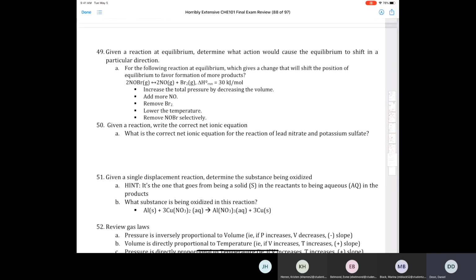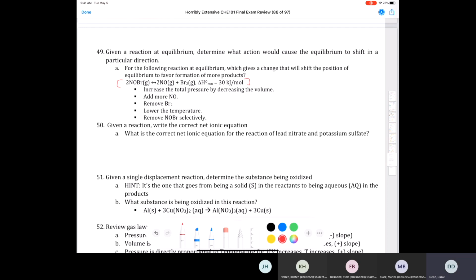Number 49: given a reaction at equilibrium, determine what action would cause the equilibrium to shift in a particular direction. So the reaction that we're looking at is this one right here. It says, for the following reaction at equilibrium, which change will shift the position of equilibrium to favor more products?